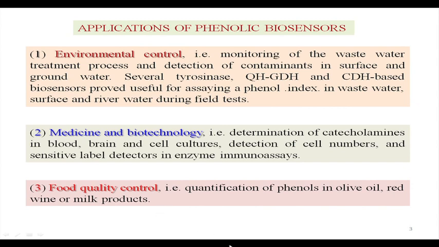Then a large number of food materials can have phenol species in them, like olive oil, red wine and milk products. Already I told you in our last class also.